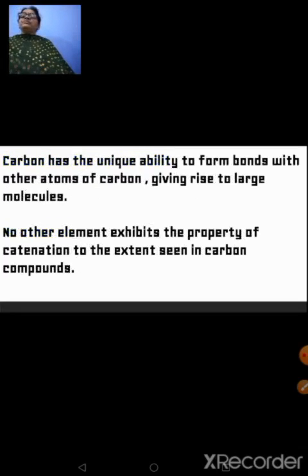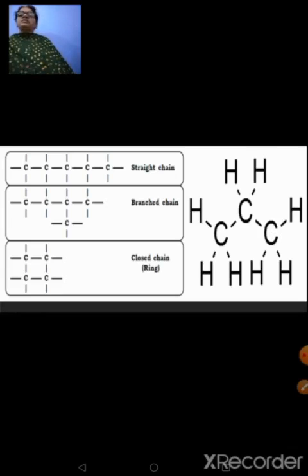Carbon has the unique ability to form bonds with other atoms of carbon, giving rise to large molecules. No other element exhibits this property of catenation to the extent seen in carbon compounds. These are examples for you to understand catenation. In the first example, a very long chain is formed.